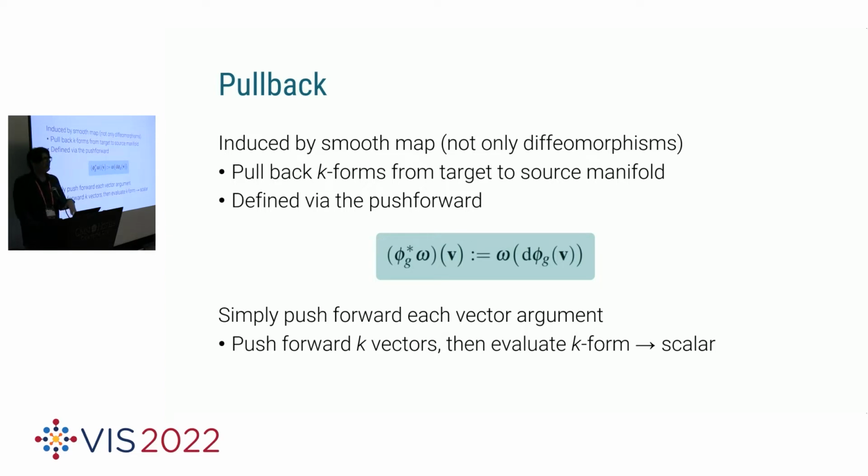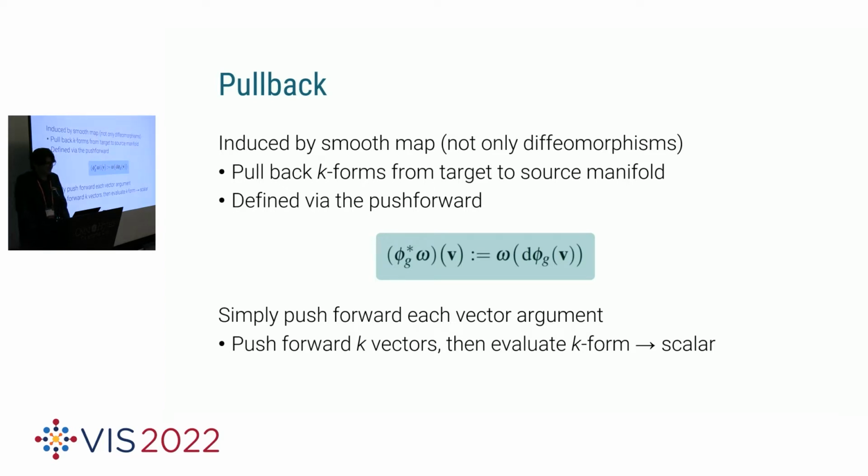Actually, there's a lot more detail: the pullback and also the push forward can be defined not only from diffeomorphisms, but it's a more general concept, but then there are restrictions. So a lot of the details are in the tutorial course notes that you can find on our webpage. We will skip all these details here, and we will only be concerned with pullbacks that are defined on diffeomorphisms.